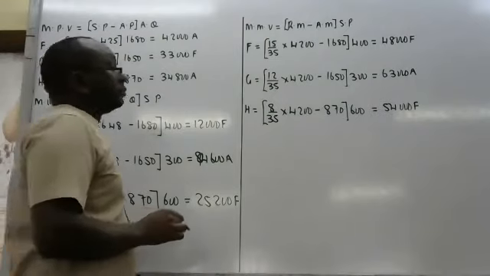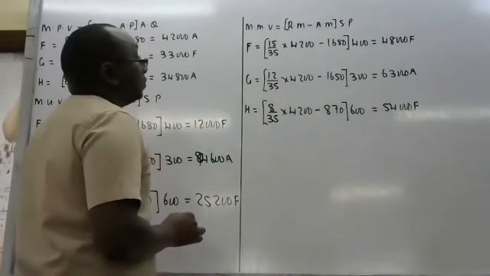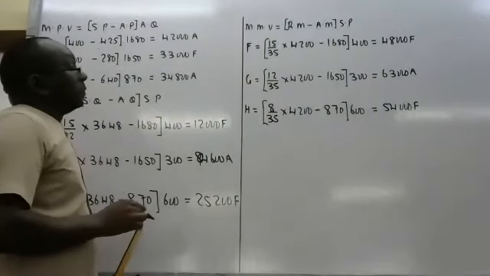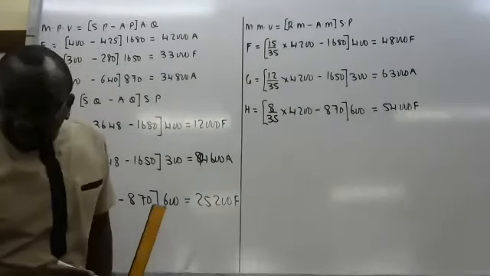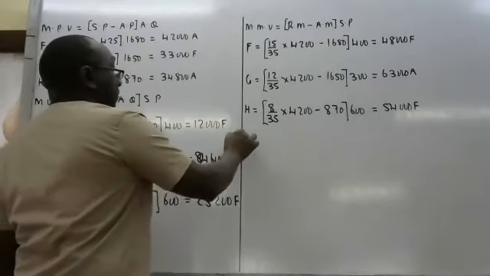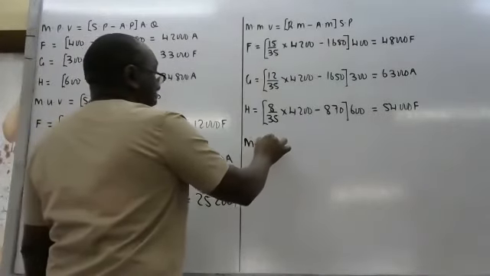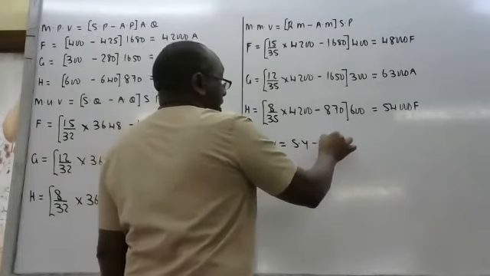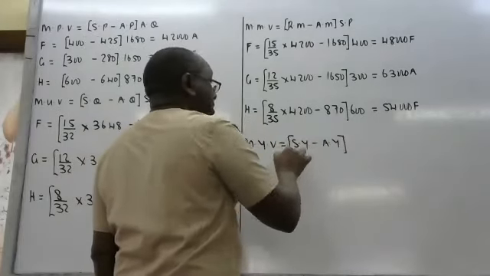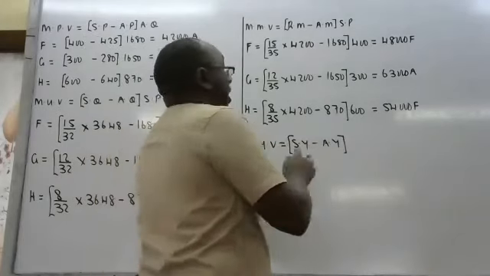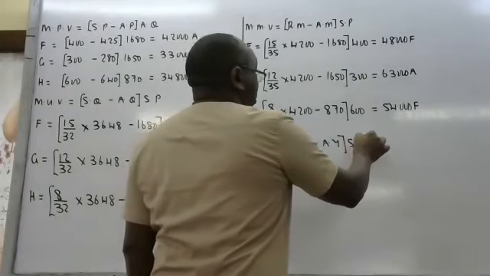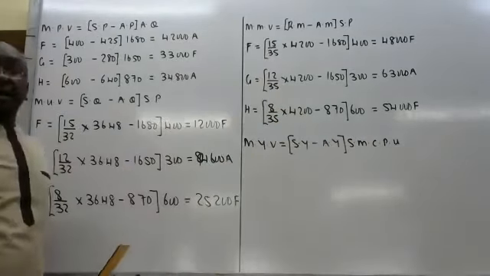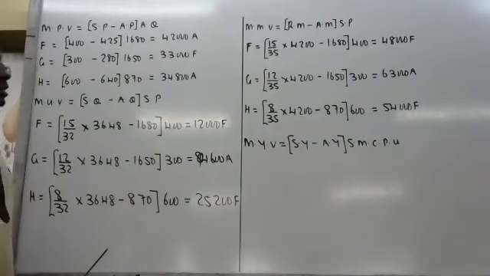Then materials yield variance. Materials yield variance is standard yield minus actual yield multiplied by standard material cost per unit.